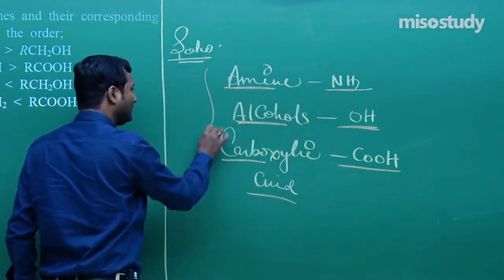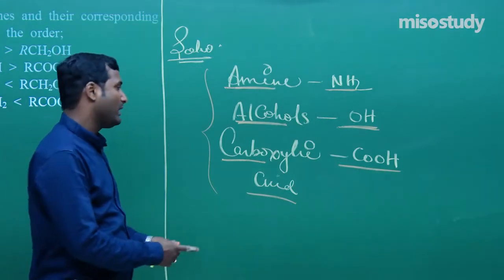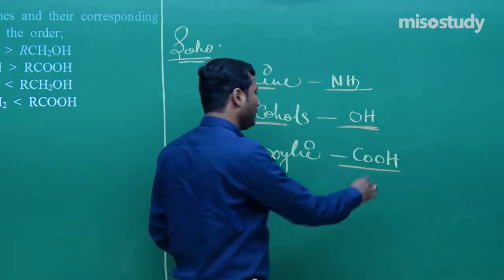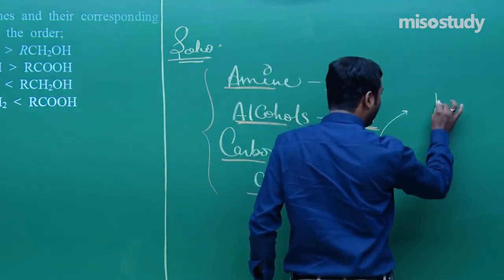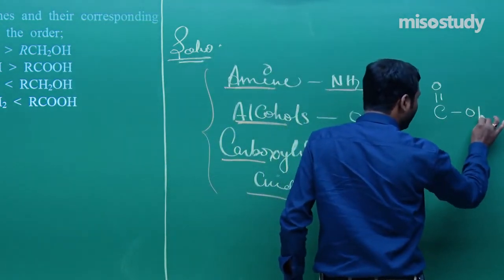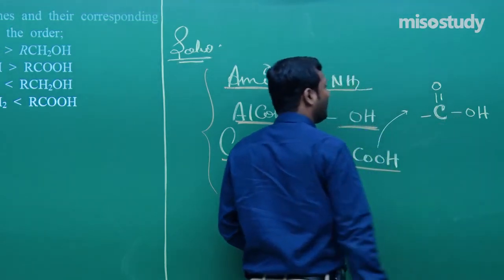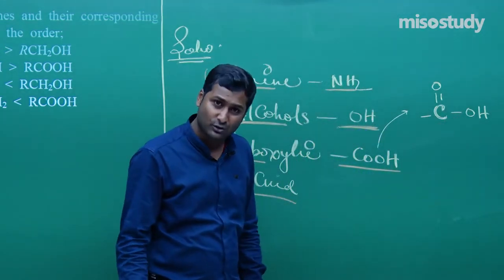Now, in all the three cases, which one has more tendency to form hydrogen bonding? As we know, in case of carboxylic acid, there is more tendency of formation of hydrogen bonding, that is, more tendency of association.